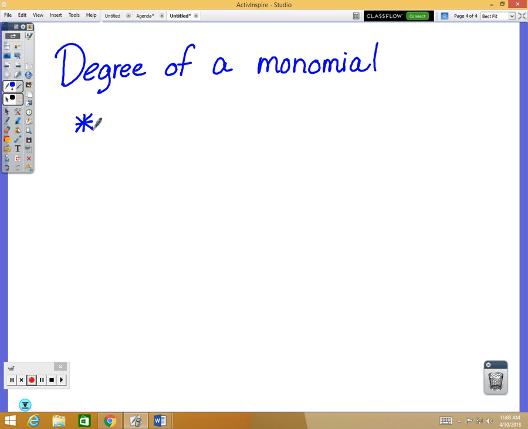To find the degree of a monomial, we are going to add together any exponents that are on variables, okay? The sum of the exponents with variable bases.